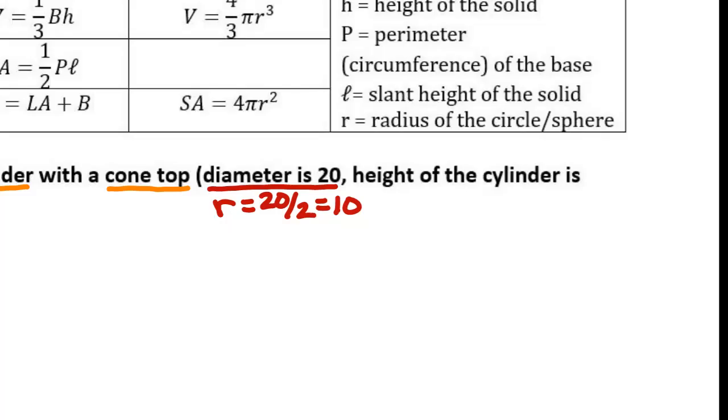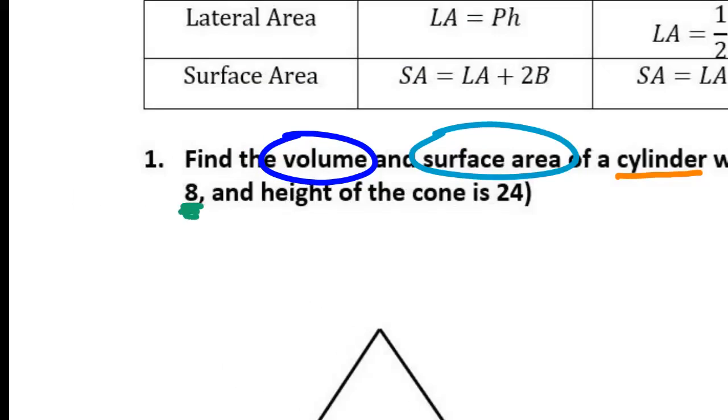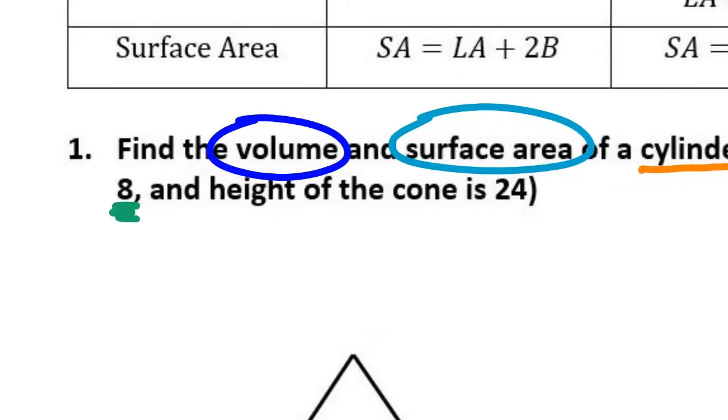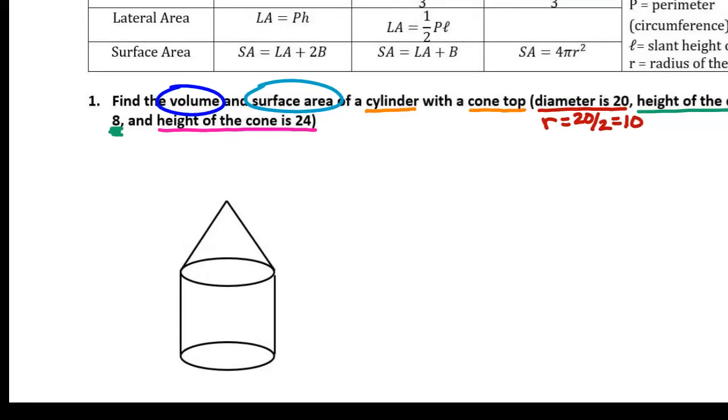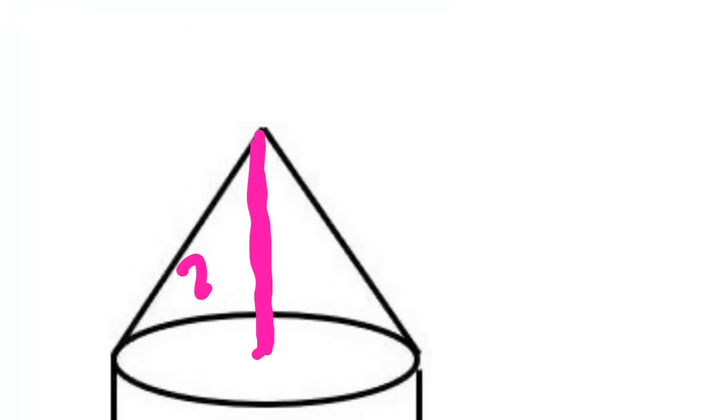The height of the cylinder is 8. And the height of the cone is 24. So let's go add that to our picture. So the cone from here to here is 24.